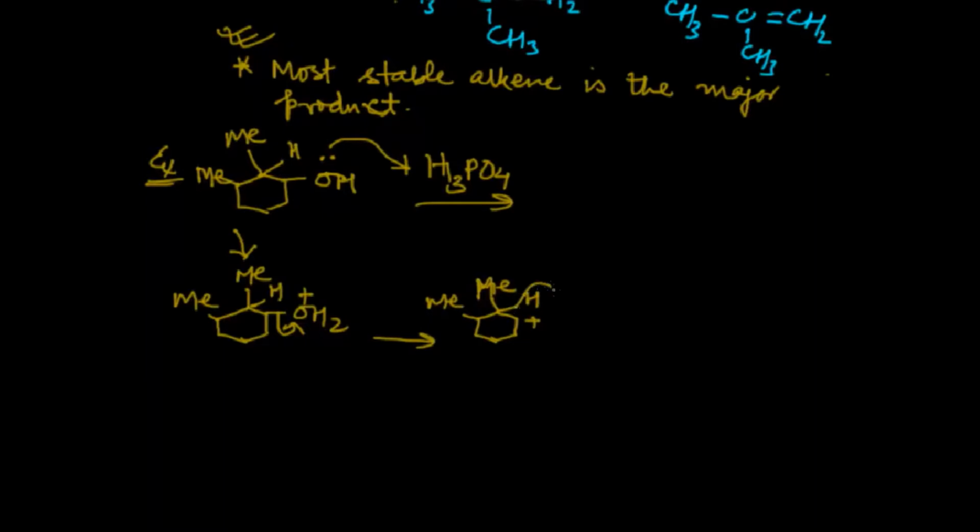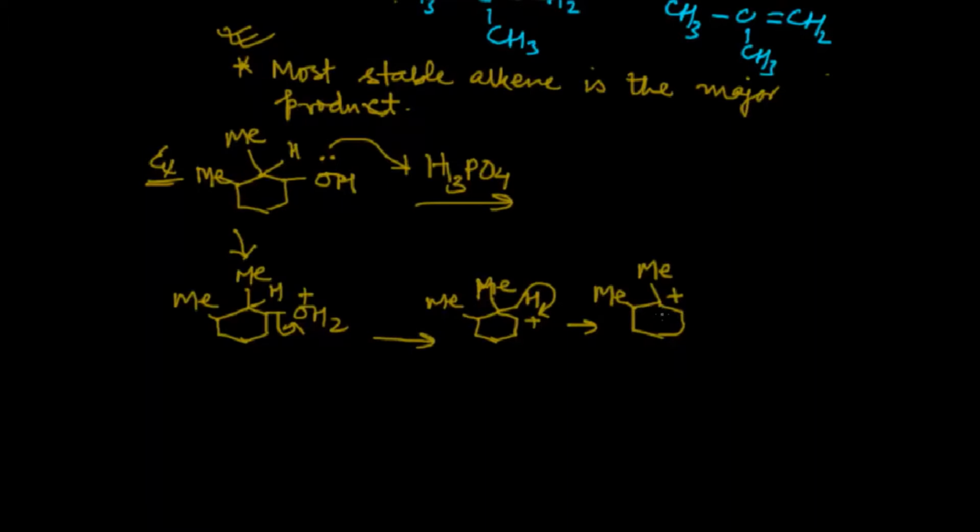This hydride is shifting here to form a methyl carbocation, and here it is methyl. Now where is the most stable alkene? So how will you identify the most stable alkene? It is the one which has maximum alpha hydrogen, or which is following Saytzeff rule.